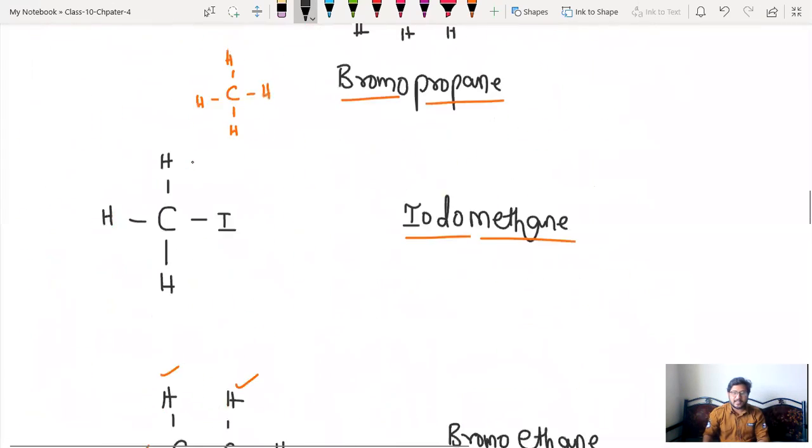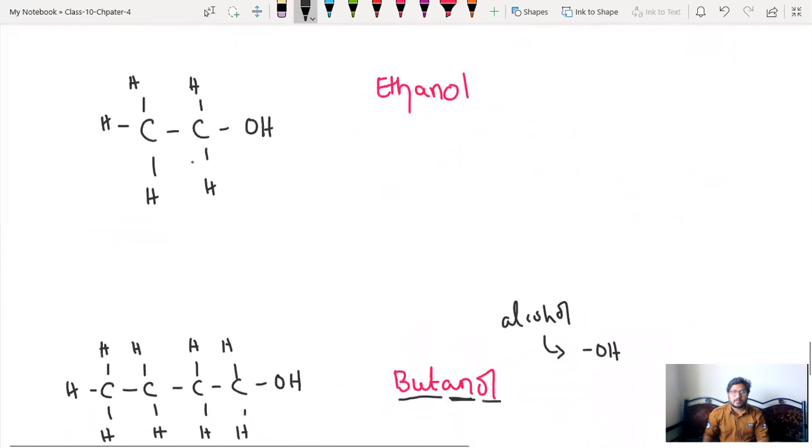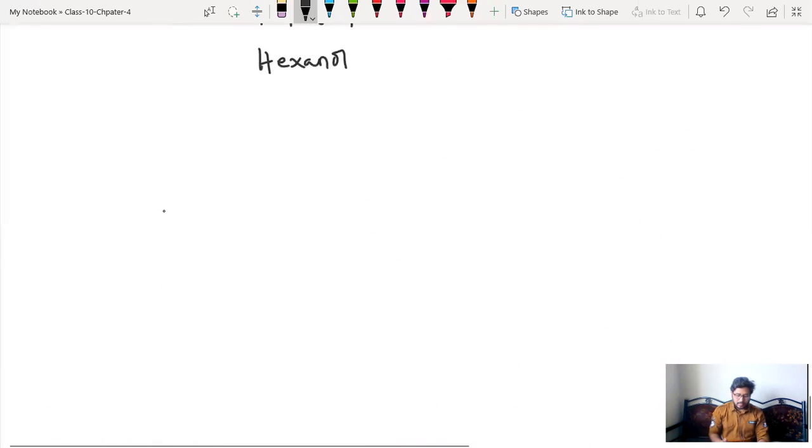Now let us see this aldehyde. For example, we have ethane. If I ask you to draw ethane, how can you draw it? Meth, eth, a single bond between the carbons.